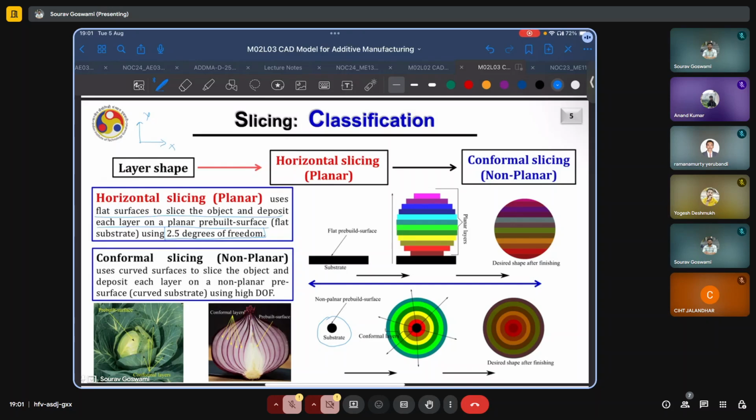Another example can be a case where you want to deposit, say, a hemisphere, and so a hollow hemisphere, for example.